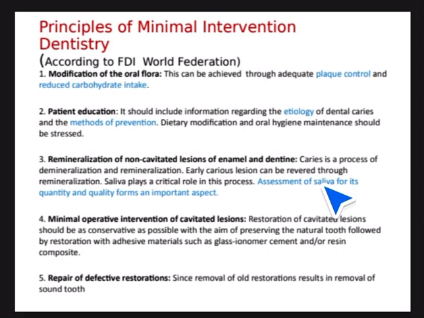The next stage can be you can use fluorides to remineralize. But before using fluorides, use saliva. Reduce the number of bacteria in the saliva by a good oral prophylaxis. When you reduce the number of bacteria, it will reduce the acidity of the saliva. So saliva will remineralize the enamel automatically.